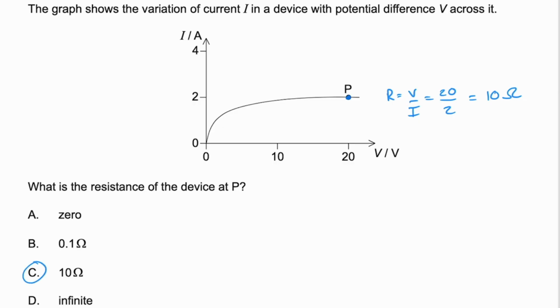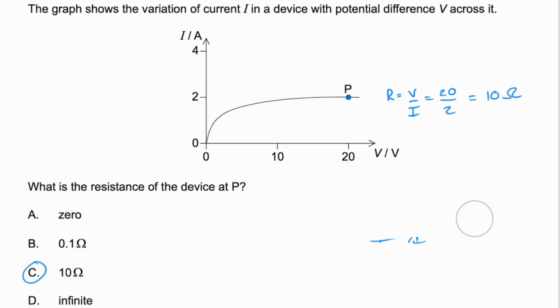Why is it difficult? Well, lots of students, including myself when I was younger, believed that the resistance is equal to the gradient of the graph. And the resistance would be the gradient of a VI graph. And if that was the case, the gradient would be infinite and the answer would be D. But this is not true.